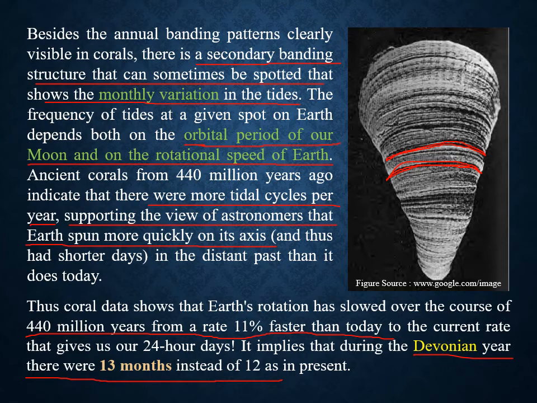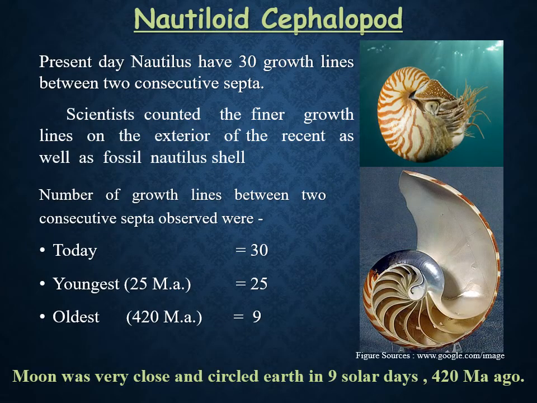Not only from corals do we get these kinds of astronomical indications, but the cephalopod nautiloids are also giving us these kinds of astronomical evidences.